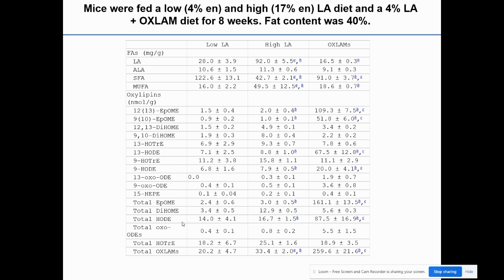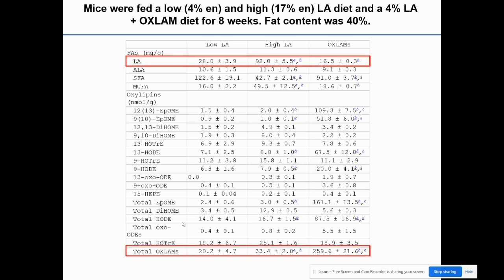So what we did, we sort of did a replica of that chicken study in mice. We fed them a low LA diet, a high LA diet, or a diet that's high in OXLAMs. If you take your eyes to the bottom of this big table, you'll realize that the OXLAMs in the low and high LA diets are pretty low, but in the high OXLAM diet, they're tenfold compared to the low OXLAM diet.